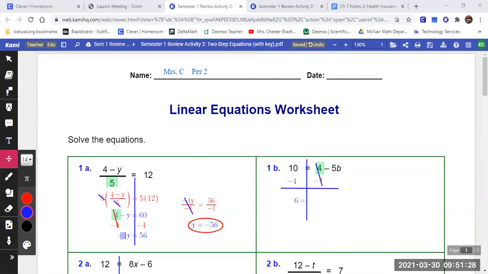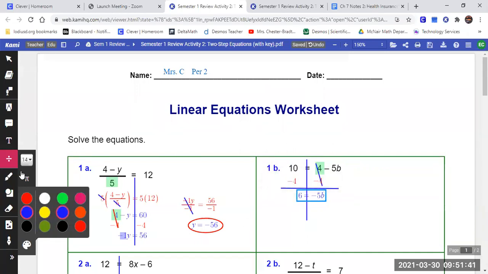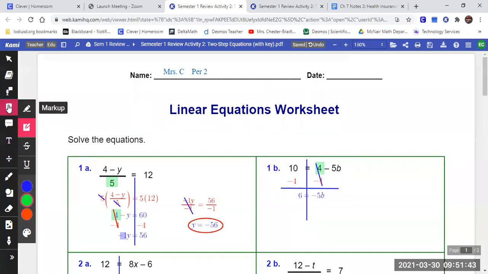Okay. Negative 5b. All right. Have we handled all the addition and subtraction? Yes. So now we get to go to our big ones. We have to big 1 away a negative 5.